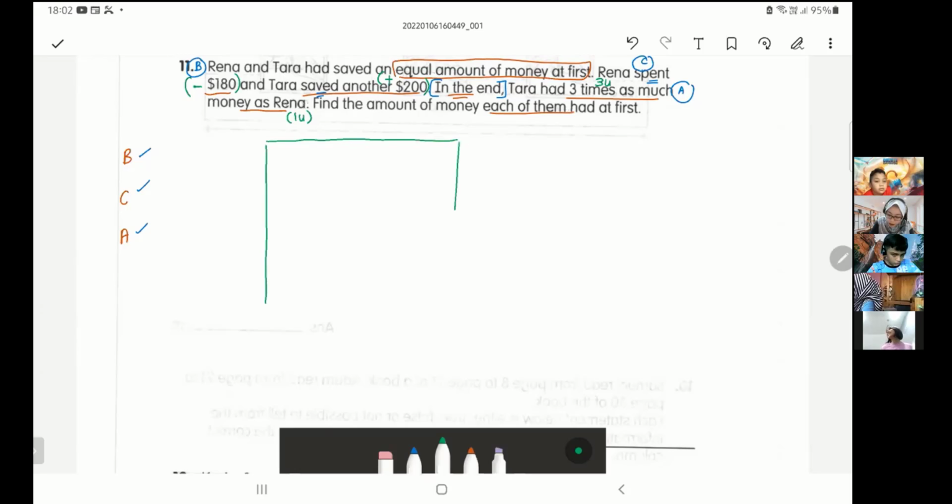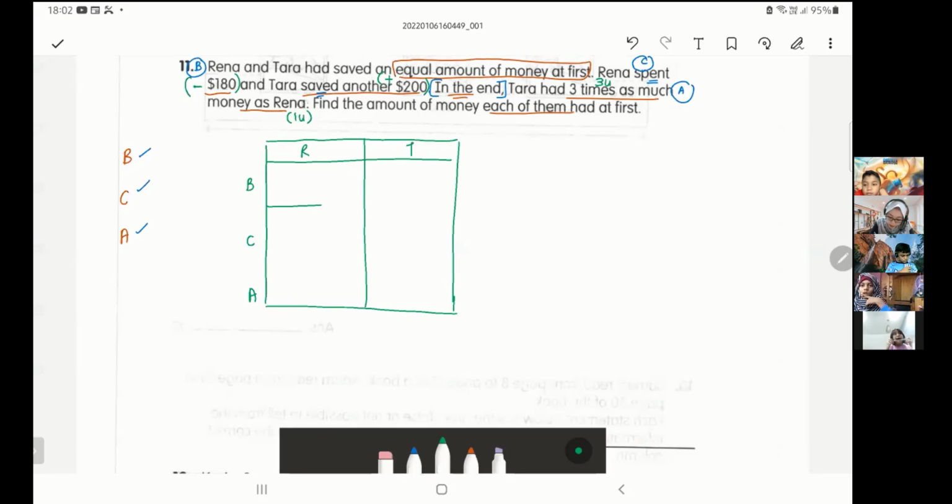Then I'm going to draw out my table. Cut it into 2 columns because there are 2 girls here, Rina and Tara, and 3 rows: before, change, and after. Put in the information from the question. For my before, I do not know anything.